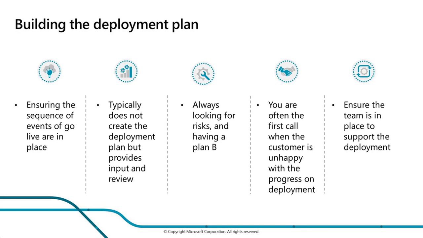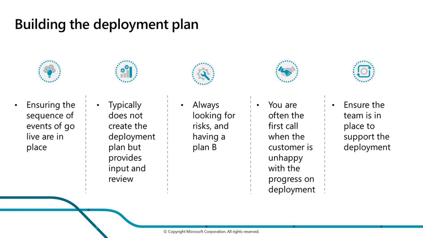Because the deployment team will have to take care of a lot of other things around the application, especially when it comes to infrastructure and dependencies with other systems. So always look for risk and have a plan B. It's always super important to have a revert-back plan or this kind of thing.